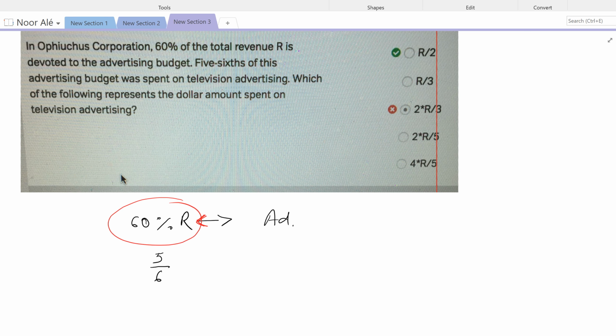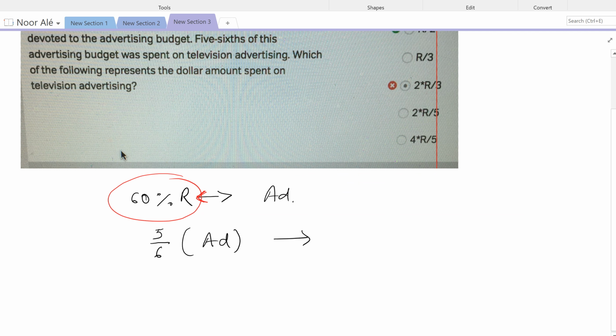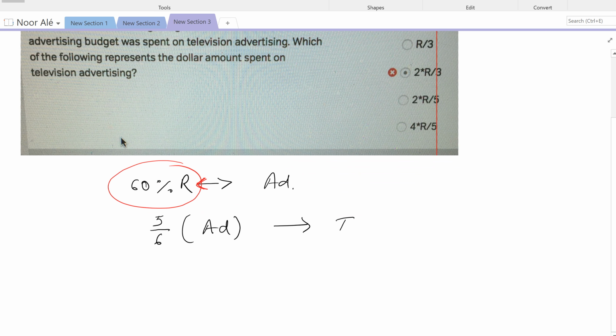So they're saying 5/6 of this number was spent on TV advertisement. Which of the following represents the dollar amount spent on television advertisement?